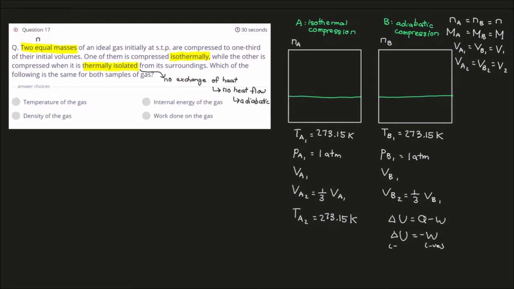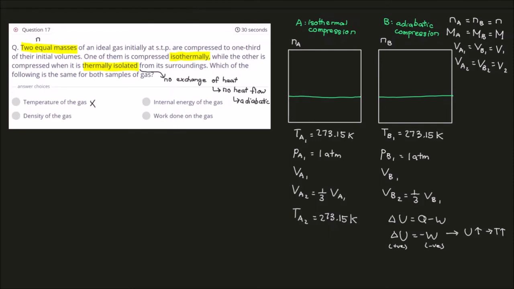So here you get a positive delta U. So your internal energy would increase, and if your internal energy increases, your temperature should increase. So the temperature is not kept constant for system B, whereas for system A, it's kept constant. So if one is changing and one is not, at the end the two samples of gases should not have the same temperature. That's why A is wrong.